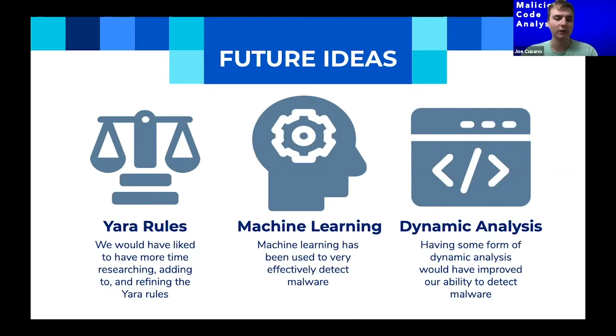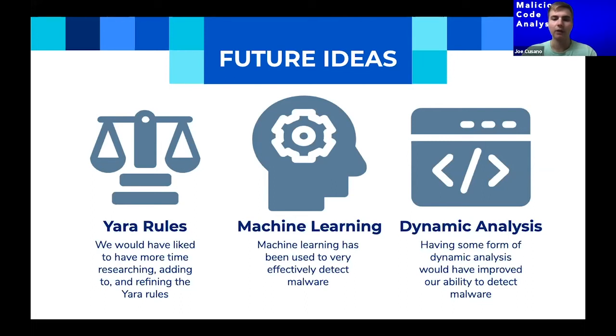It wouldn't be too difficult to add that. And another thing is just adding additional rules for the ones we already have rules for, like Word documents. It would be interesting to research more and try to add some more. And that would be as simple as dragging and dropping new YARA rules into the folders that we have.